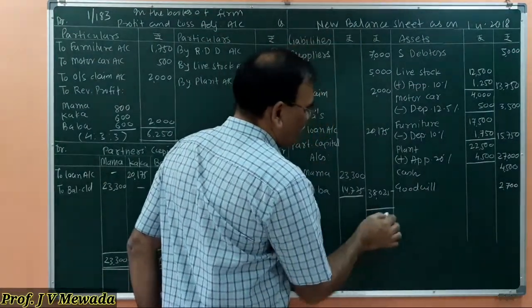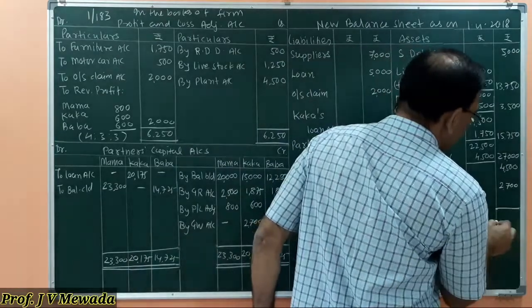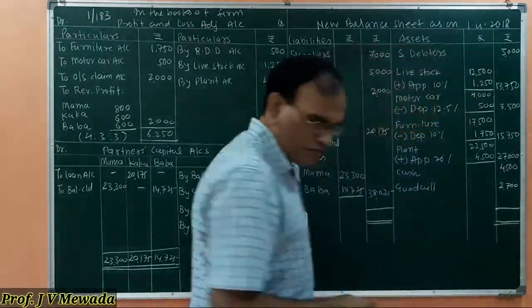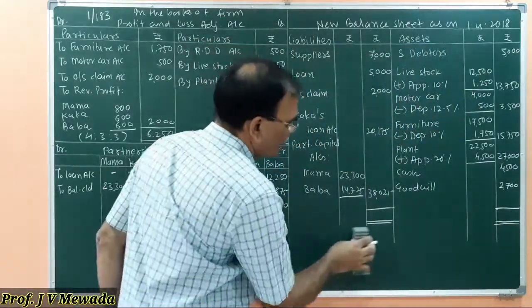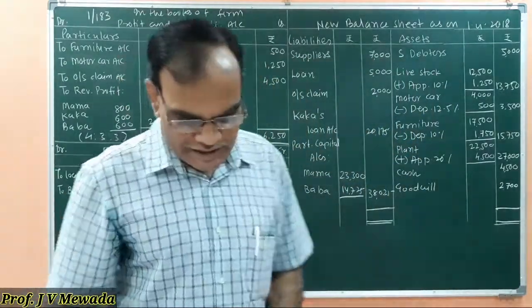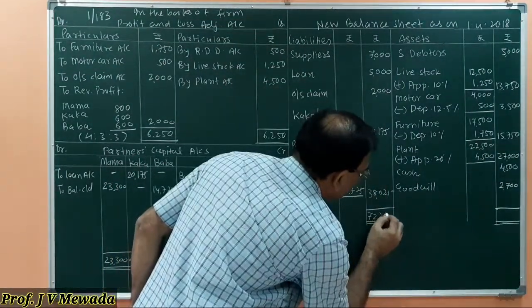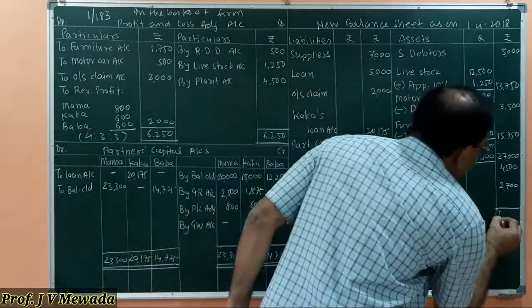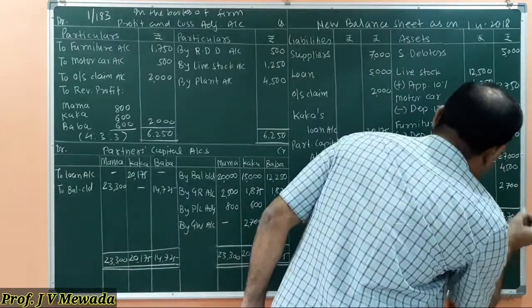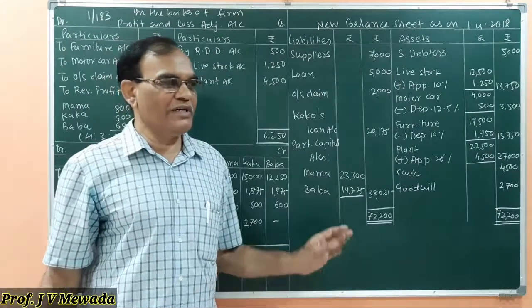And now the total of both the sides in the balance sheet is 72,200. So this is the way we are solving the problem on retirement.